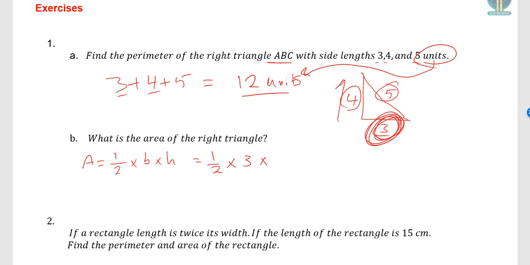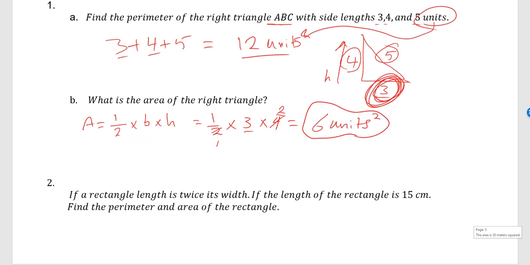So 4 divided by 2 you get 2. So 3 times 2 is 6 units squared. So you have to be very careful. Area is always measured in units squared.